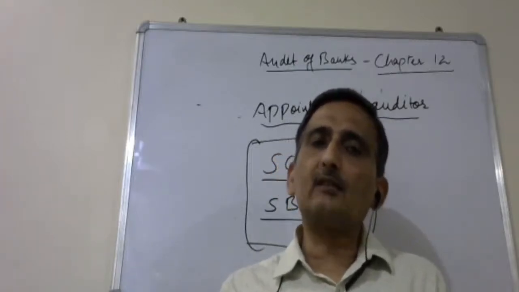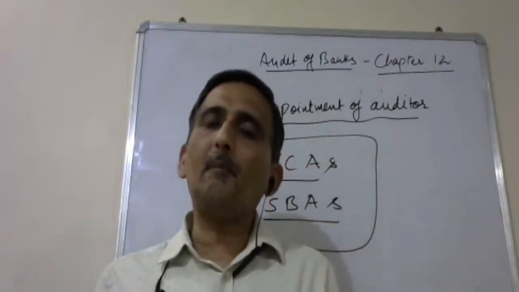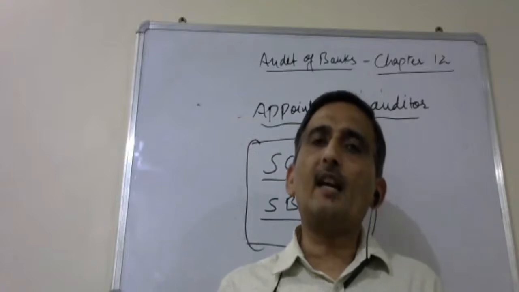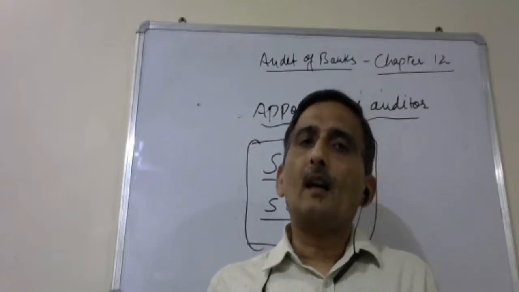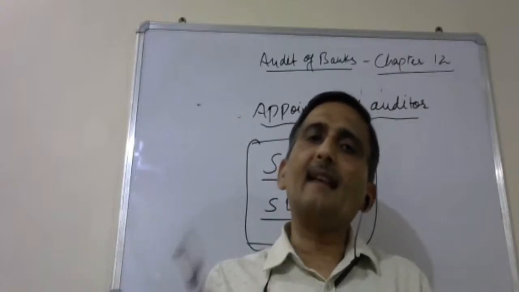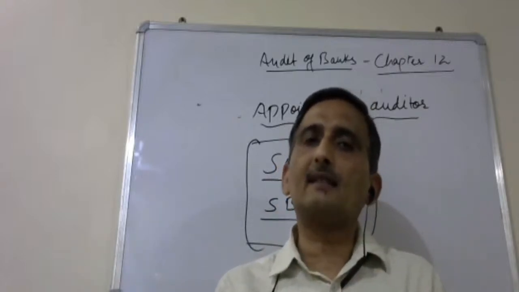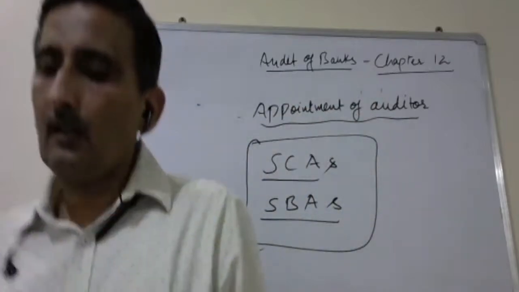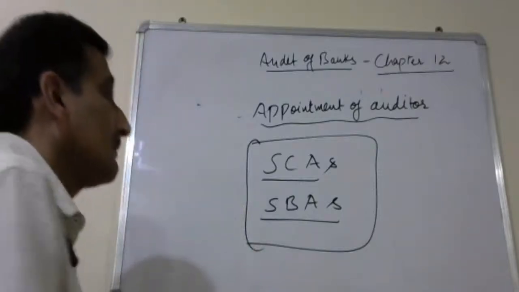And in case of other banking companies which are not nationalized banks, remuneration of auditor is fixed by the shareholders at the AGM, just like in case of other companies. The provision which we have in the Companies Act 2013. Okay, so clear up till now.